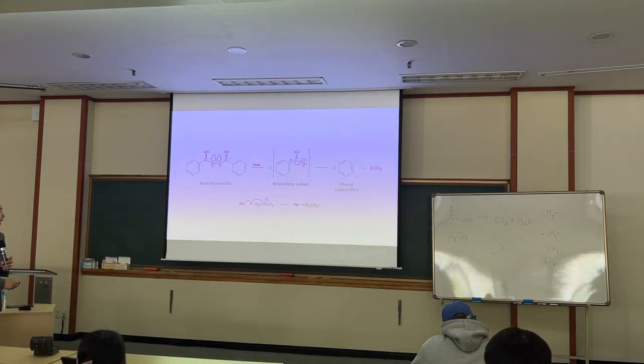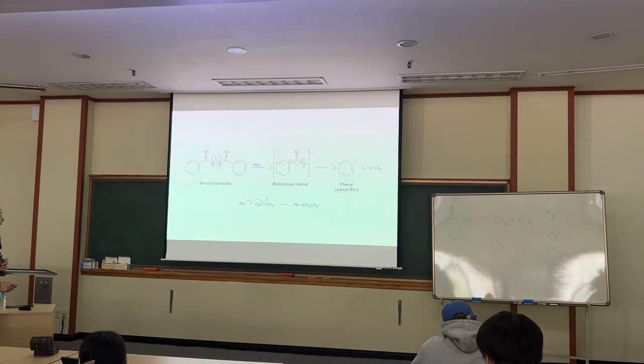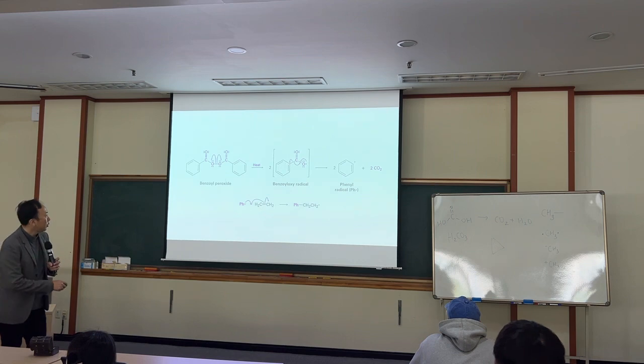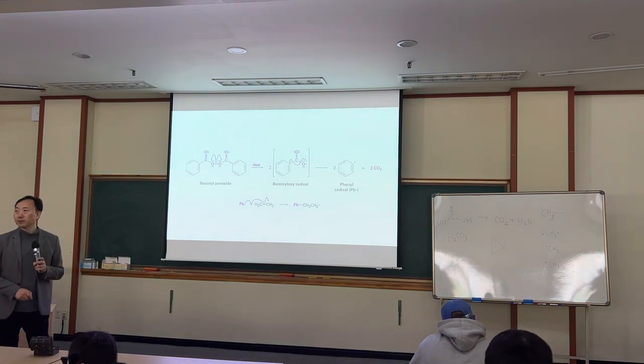That radical attacks first at this bond. If there is an alkane, it just captures one proton and generates the radical. But in this case, there are two extra electrons there. One makes this bond, and the other one leaves here.